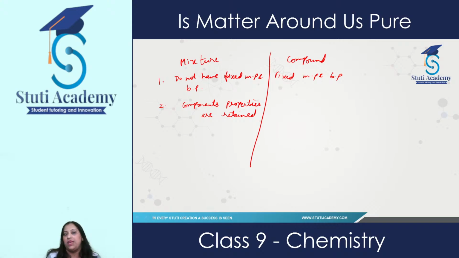So their properties remain intact. While in compounds, they do not. Then the third point of difference is that the components present in a mixture can be present in any ratio. Their ratio is not fixed, but in compounds they have a fixed ratio.